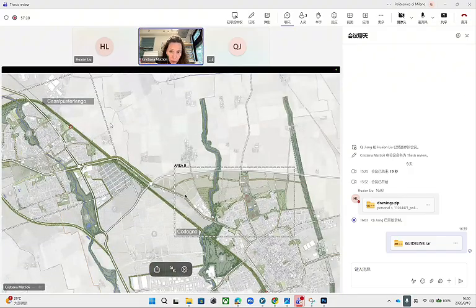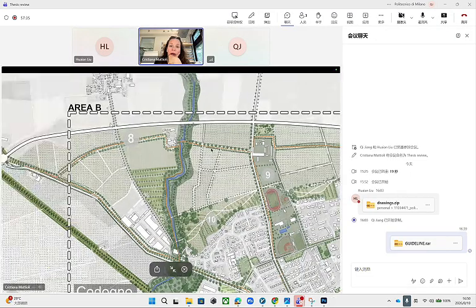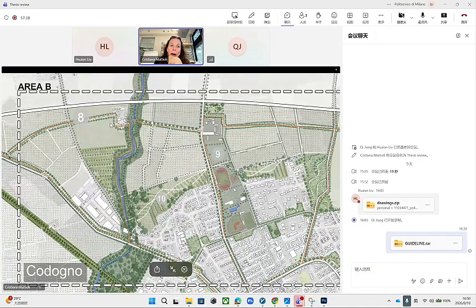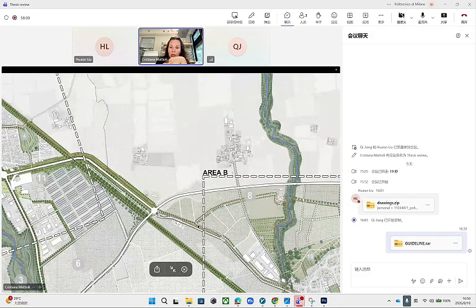And the same also in Codogno. In Codogno, I don't think it's better to put your primary system here, so in between the urban area and your agricultural park. Not so far, because here is quite far from the city.